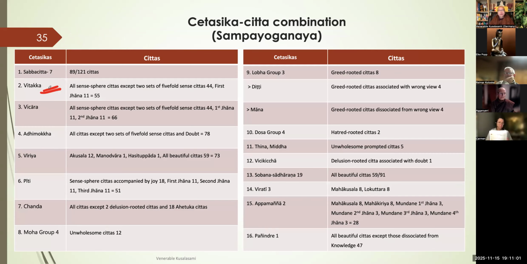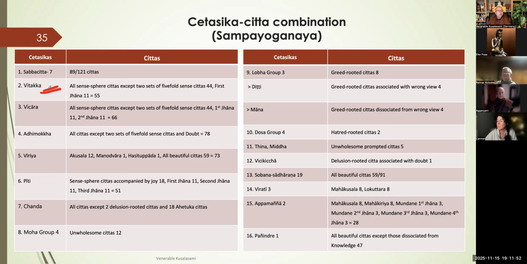Then you look at the Lobha Mula Citta. Without Vitaka, initial application, it is not possible. And dosa too, hatred rooted consciousness, and delusion rooted consciousness. All these unwholesome consciousness will not arise without the help of the Vitaka. Now comes the Chakku Vijnana.